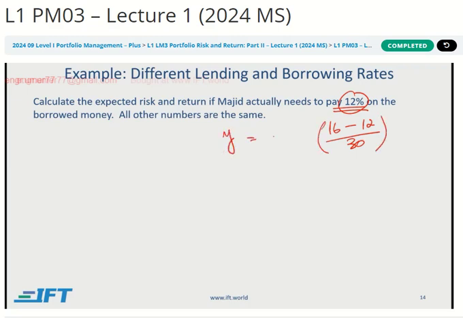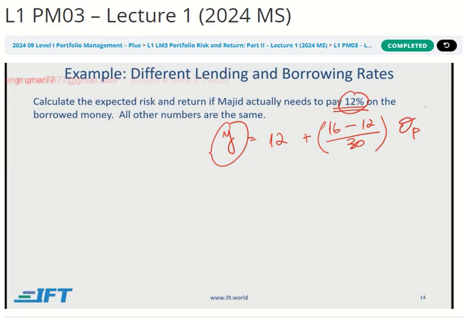Y is equal to mx plus c, and your c is the risk-free rate, which now becomes 12, and x is basically the amount of standard deviation that you're taking in the portfolio, which again you have to calculate. So now your job is to calculate the return. You will only be able to calculate the return if you figure out how much risk he's taking, which you should be able to do because we just saw that.